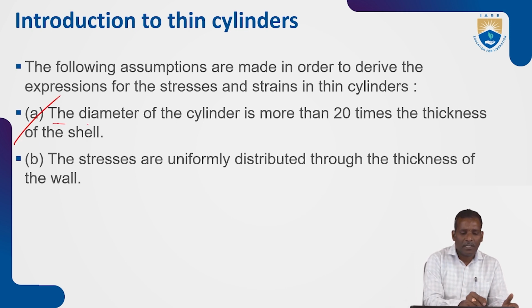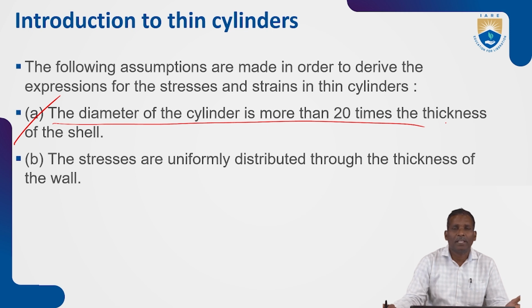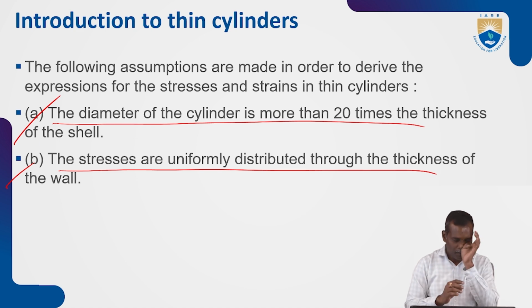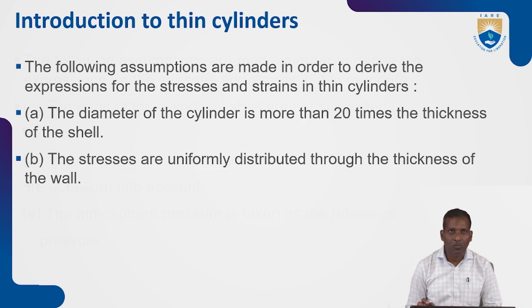One, the diameter of the cylinder is more than 20 times the thickness of the shell, that is, D greater than 20 times t. Only then is it said to be a thin cylinder. Two, the stresses are uniformly distributed through the thickness of the wall.